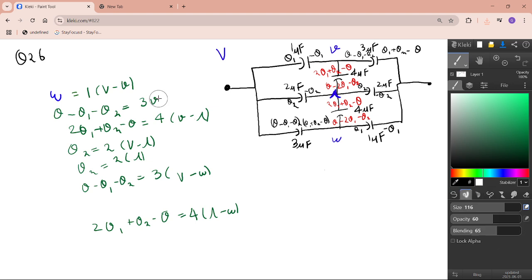Why is it skipping the eraser? Okay, this button is for the eraser. Sorry.